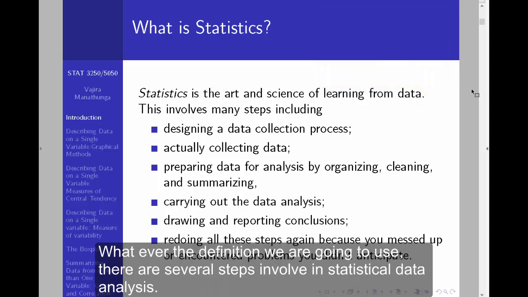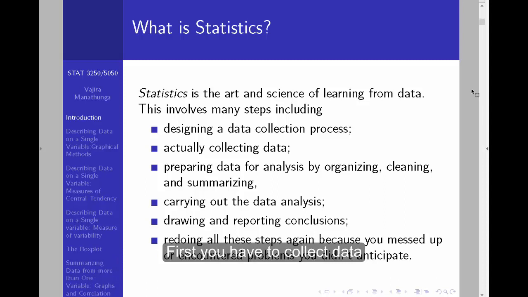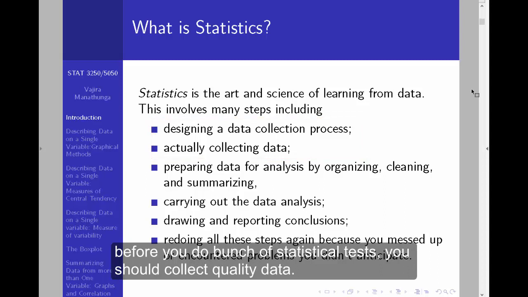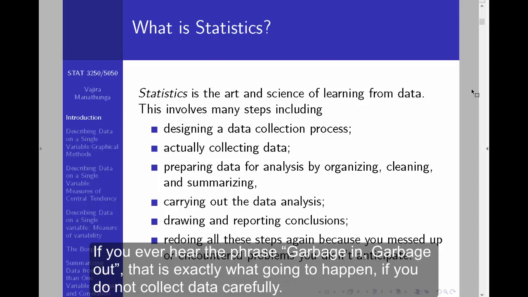Whatever definition you are going to use, there are several steps involved in statistical data analysis. First, you have to collect data. Now, the collection of data is extremely important in statistics. Before you do a bunch of statistical tests, you should collect quality data. If you ever hear the phrase garbage in, garbage out, that's exactly what's going to happen if you do not collect data carefully.